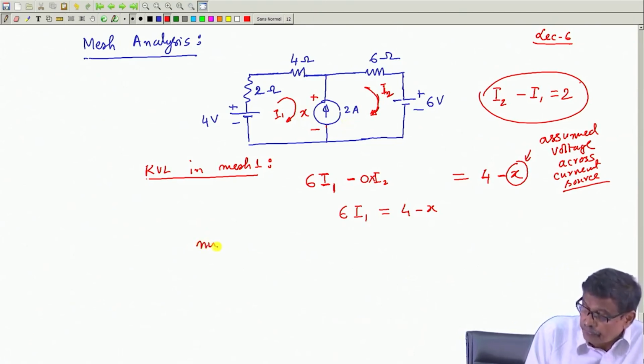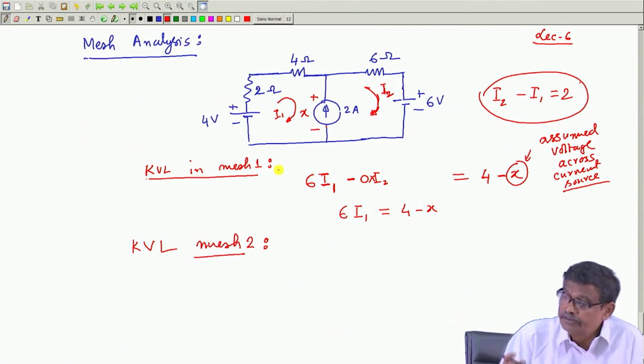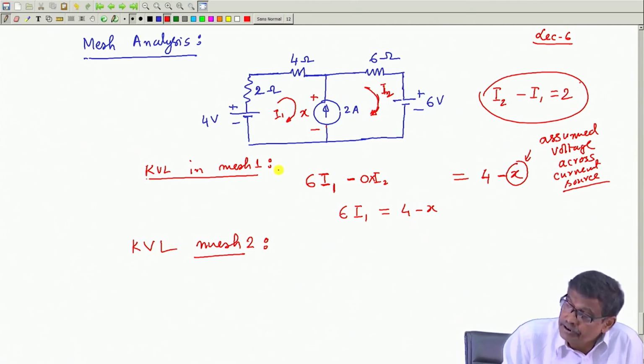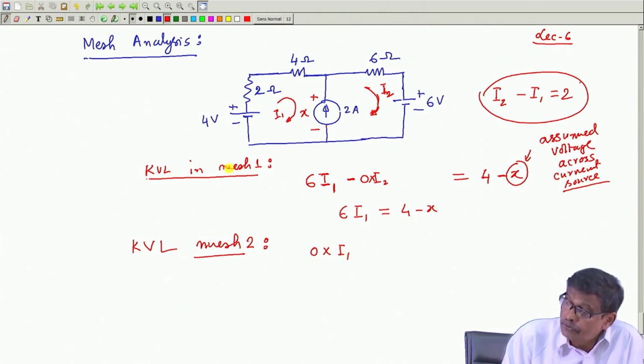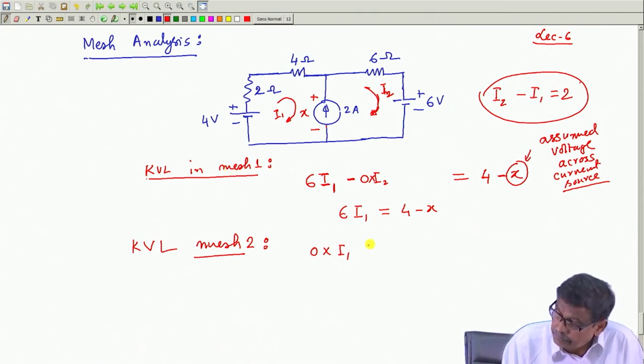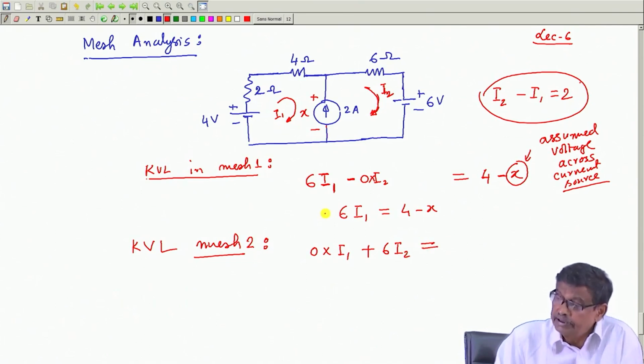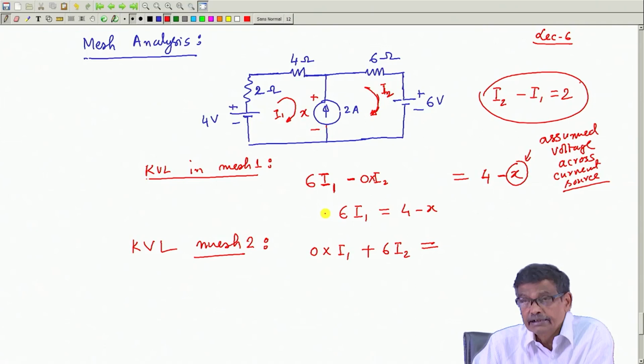In mesh 2, KVL. In mesh 2, the coefficient of I 1 is nothing, there is no common resistance. So, 0 into I 1, then the coefficient of I 2, the sum of all the resistances, 6 only, plus 6 into I 2, will be there, and this should be equal to the sources on the right hand side.